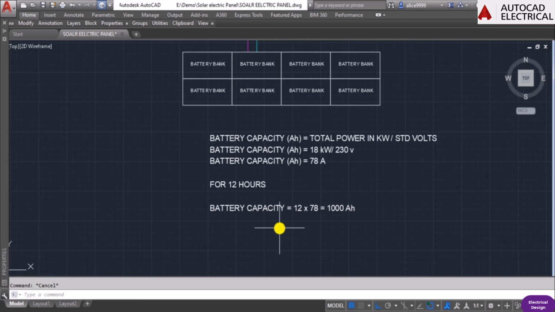So we require a battery capacity of around 1000 ampere hours.